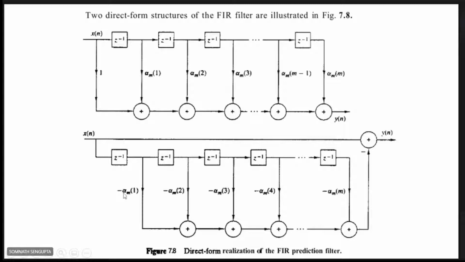Suppose the negative signs were not there, only positive signs. We take the previous values of x of n: x of n minus 1 into alpha m1, plus x of n minus 2 into alpha m2, plus x of n minus 3 into alpha m3. This way we take only the past values of the input multiplied with their weights, or impulse response.